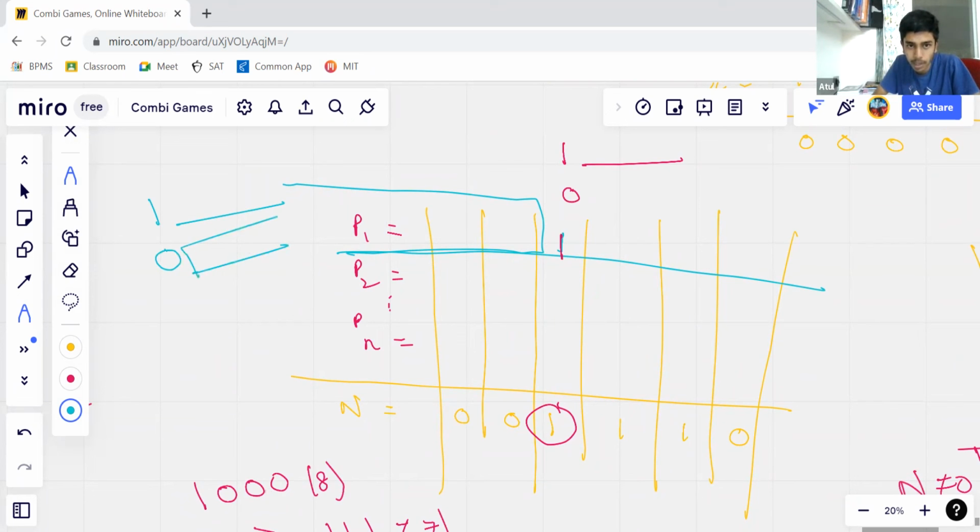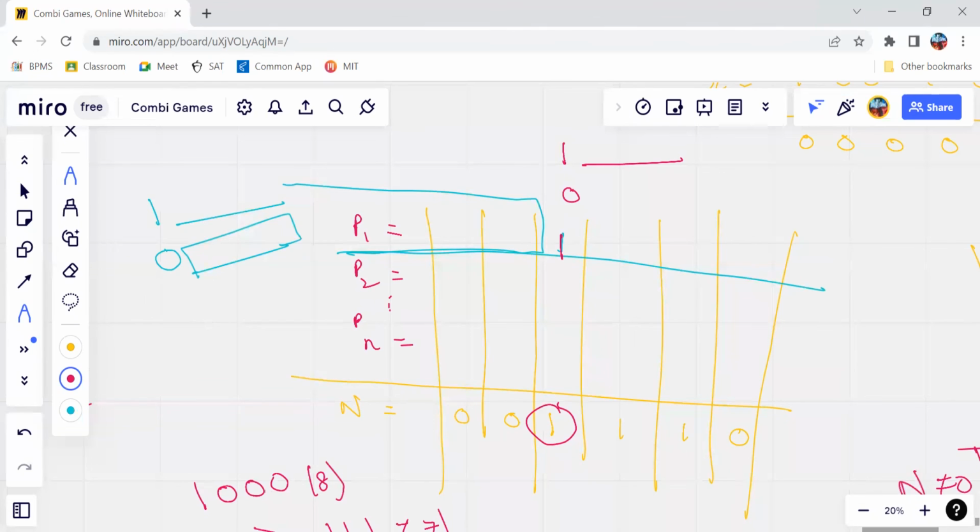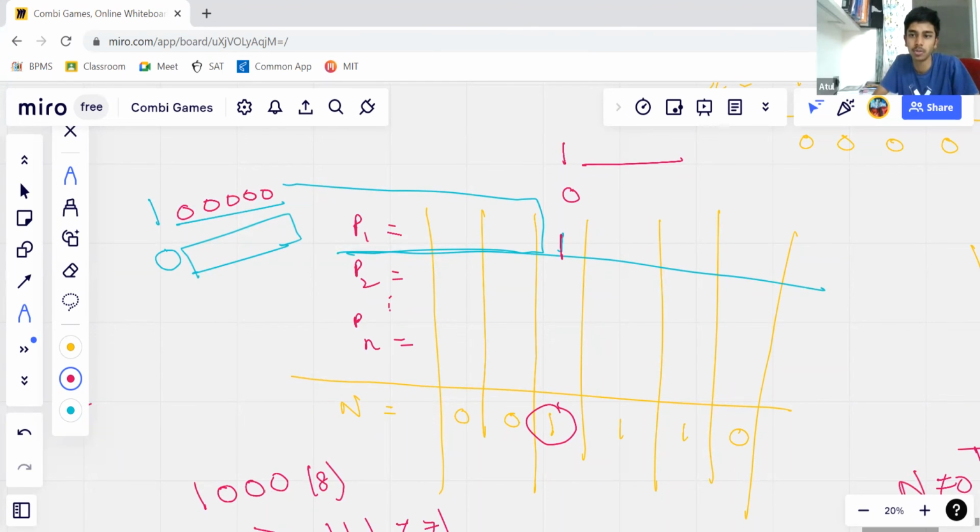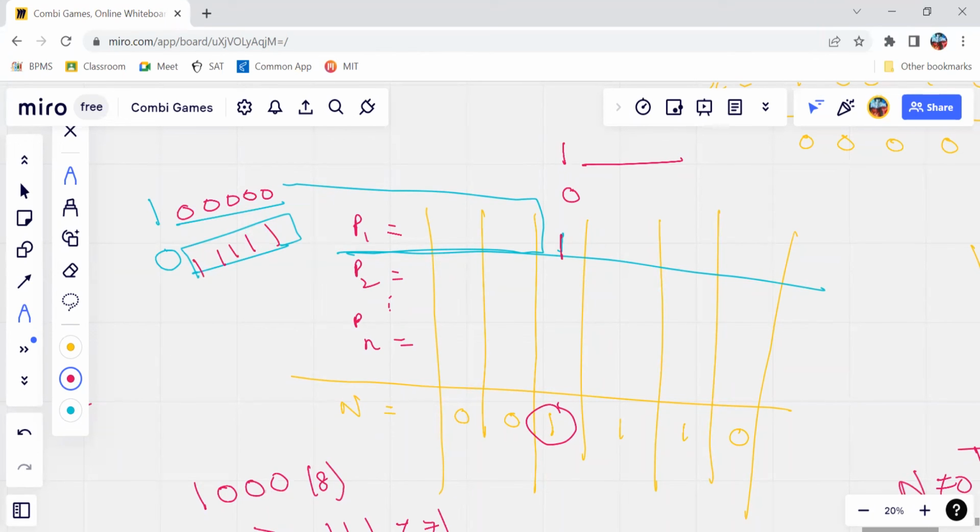I'm saying that if I make this 1 into a 0 and make this right part whatever I want, this top thing is still greater than the bottom thing. Because the smallest the top thing could have been is when this is all zeros here, and the biggest the bottom thing can be is when it's all 1.